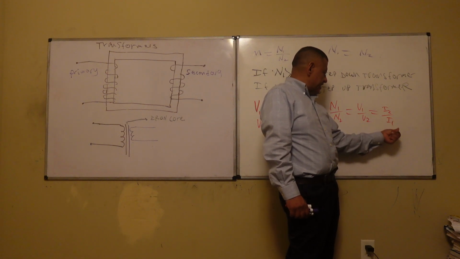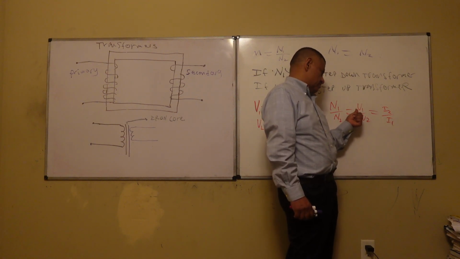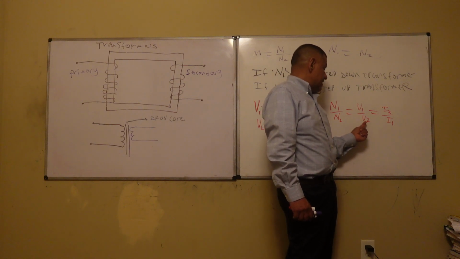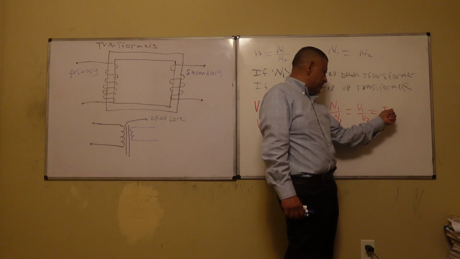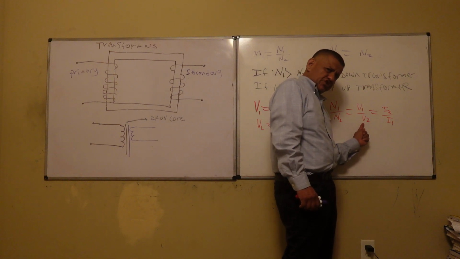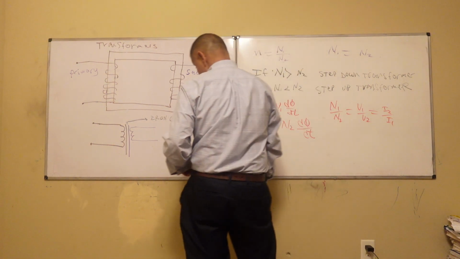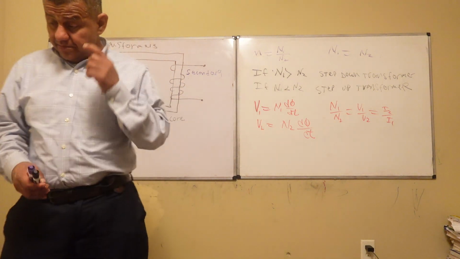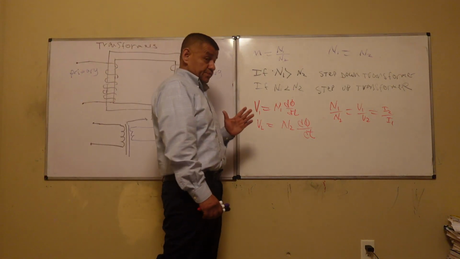The primary voltage and the current go to V1, V primary, and the secondary I2 goes with the voltage in the secondary, right? So that's basically how transformers work. It's pretty neat, actually.